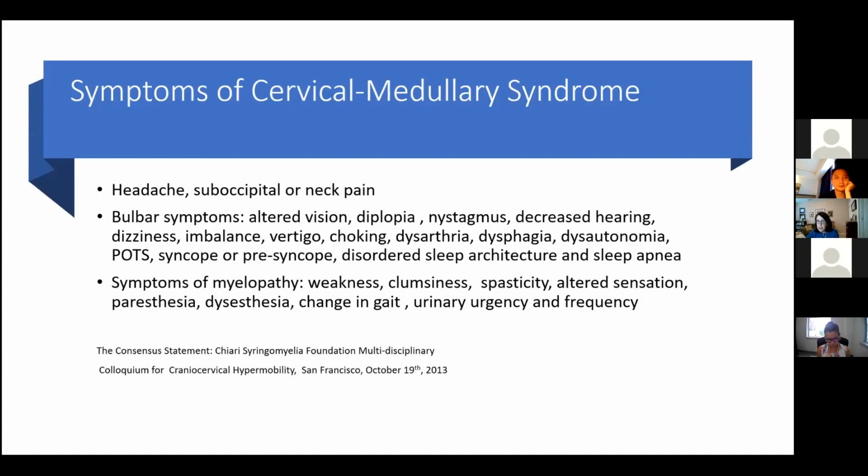So when we see a constellation of symptoms such as this, it suggests the cervicomedullary syndrome, which can be due to either Chiari malformation or instability at the craniocervical junction or at C1-2.